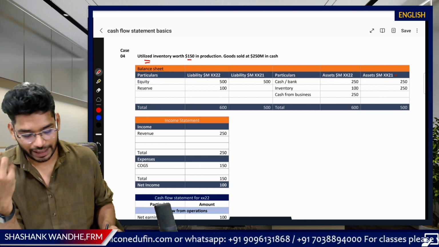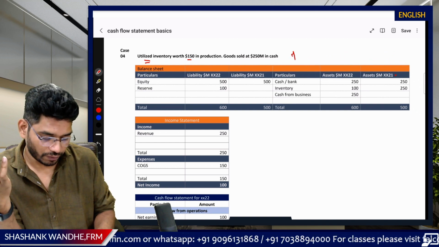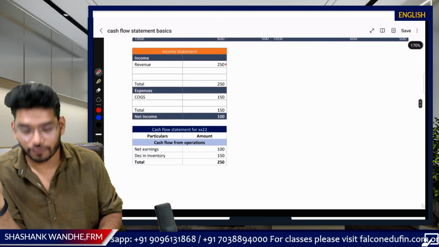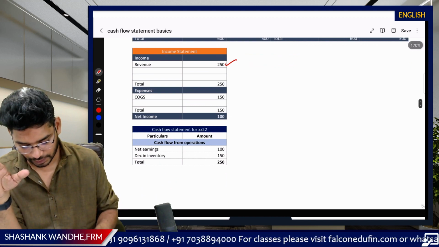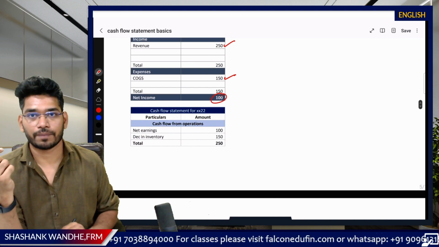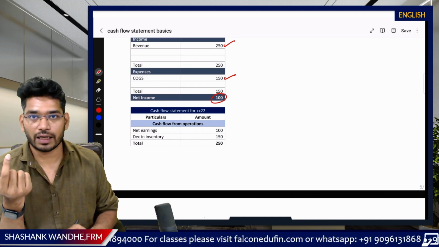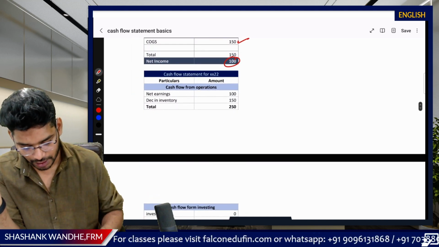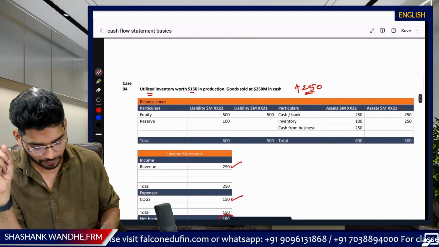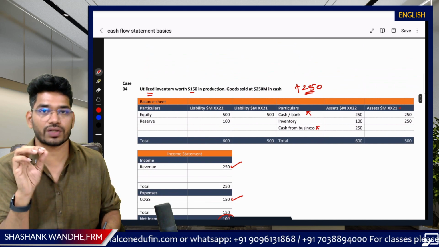Now, what is the cash outflow or inflow? We know 250 million. And now let's see how we will treat it. So we know the revenue of 250 million. Then COGS from the utilization of inventory. And this is our net income. Now for the first time, we have our net income, and we know we have to give adjustment for it. Remember, the cash is not adjusted for CFO.